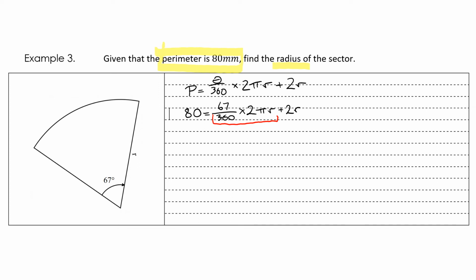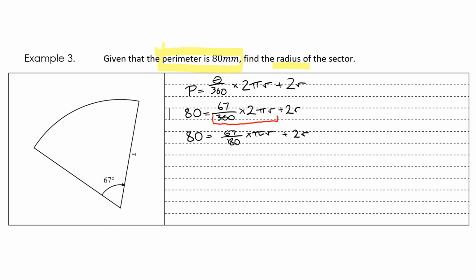That will get rid of the fraction times the 2. So if you put 67 over 360 times 2 in the calculator, we get 67 over 180. So 80 equals 67 over 180 times pi r plus 2r.